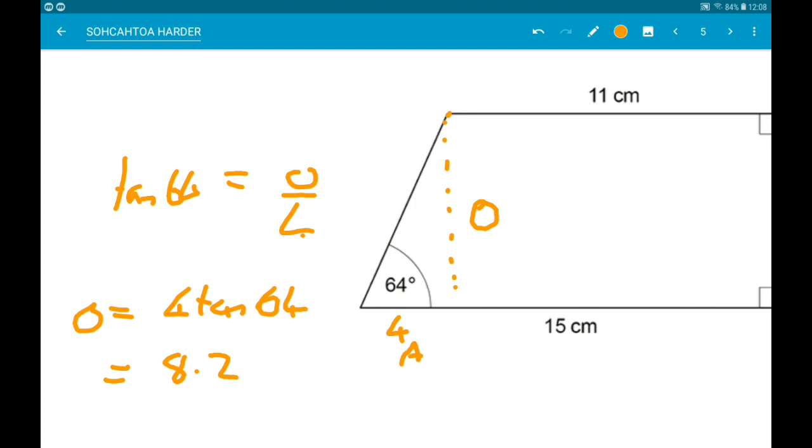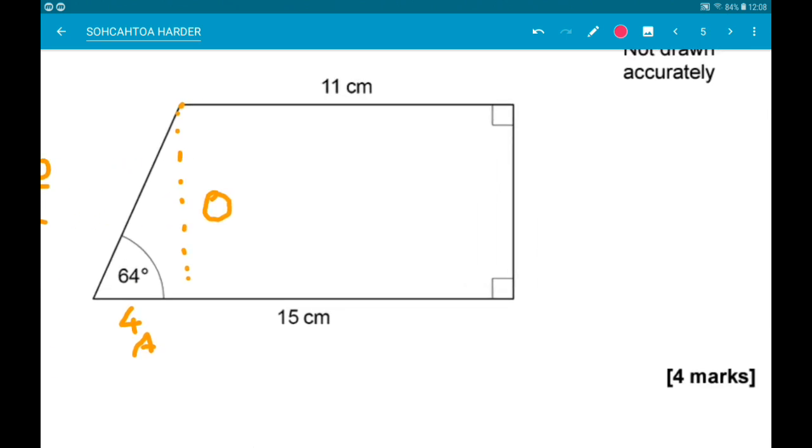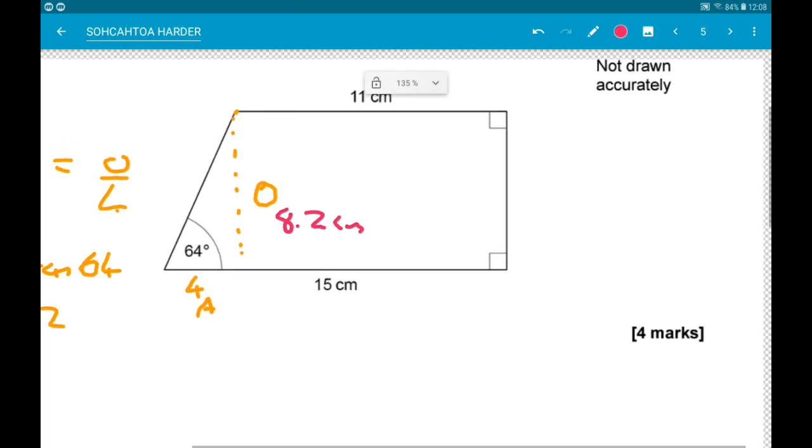Okay, so we now know the height of the trapezium is 8.2 centimeters, so we can now work out the area.